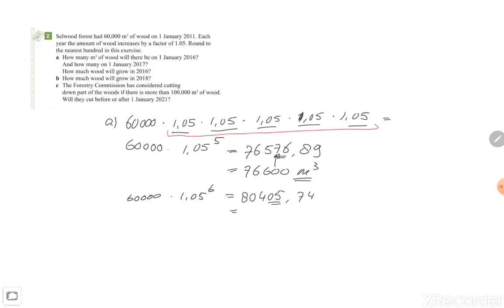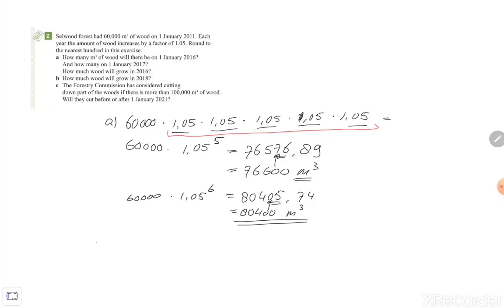So again, the last two numbers need to be zeros. I'm going to check which number this is. That's a 0, so it is 80,400 cubic meters. Alright, so that's exercise A.